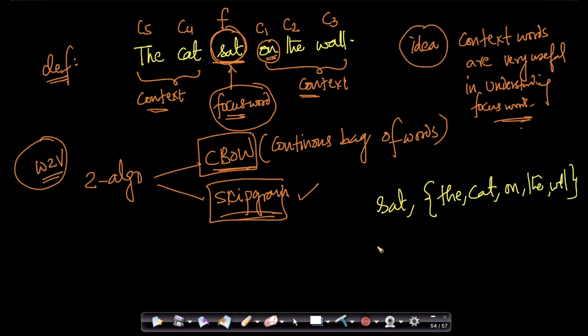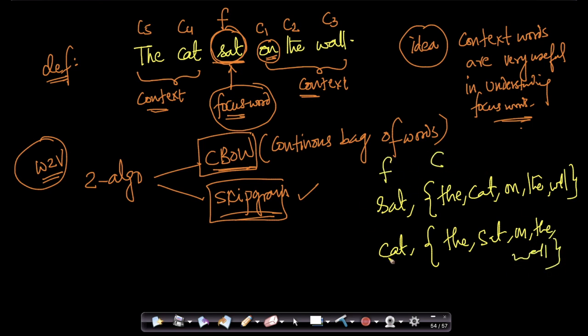This is one example. If my focus word is cat, my context words are the sat on the wall. So I can create lots of these combinations of focus words and context words. So this becomes my training data.